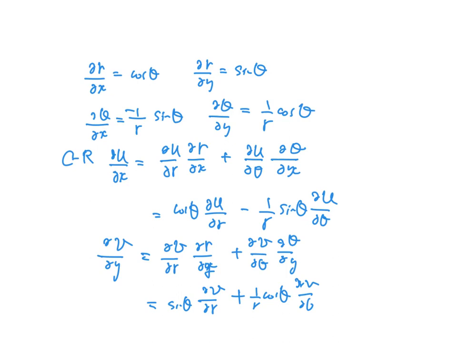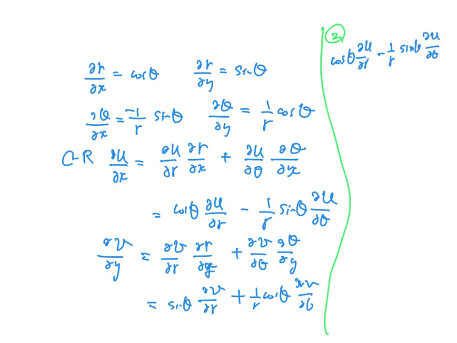So let's compare with what we'll get. Those two relations are supposed to be the same, right? So cosine theta partial u partial r must be sine theta partial v partial r plus 1 over r cosine theta partial v partial theta. Check.